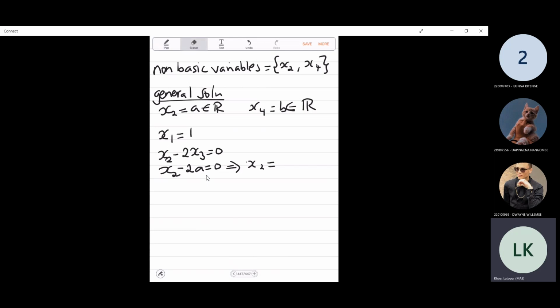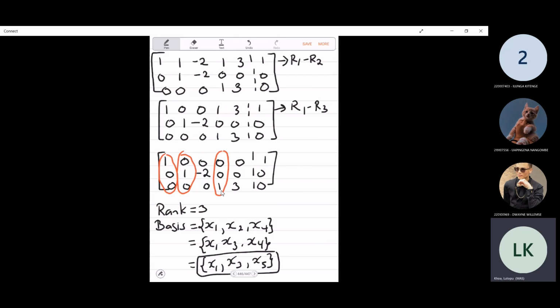What am I doing? I'm substituting them incorrectly. x2 is the one that is a. So I have a minus 2x3 is equal to 0, so this means that x3 is equal to a over 2. And then from the next equation, I have x4 plus 3x5 is equal to 0.